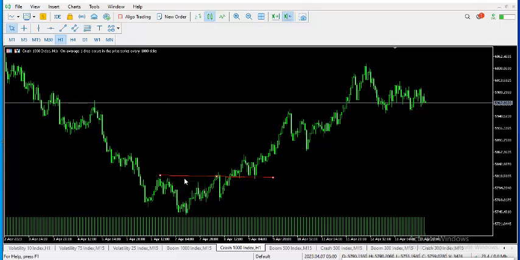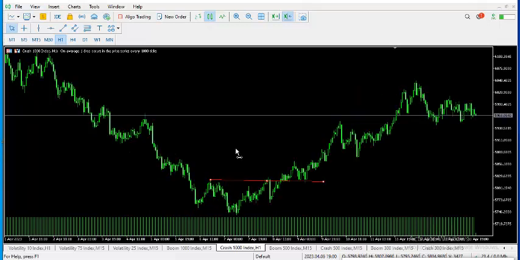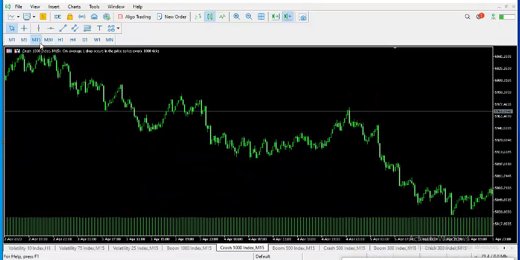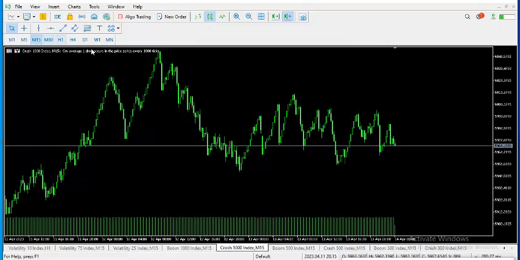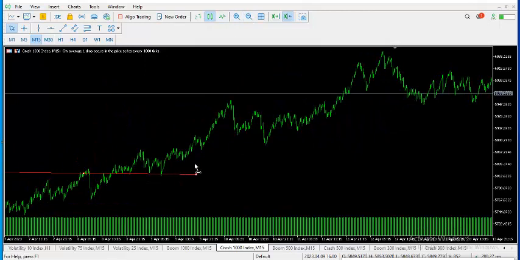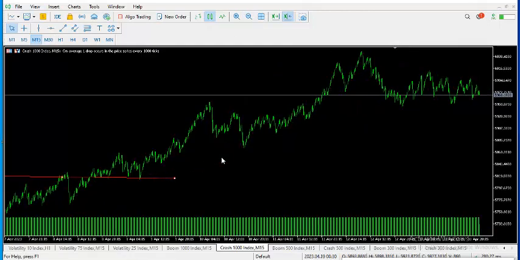You can see there is a break of structure here that started the push up of the uptrend. So having known that this is an uptrend from this break of structure on the higher time frame, basically I can quickly turn to my lower time frame and start picking up buy trades on crash 1000 using the Fibonacci tool.